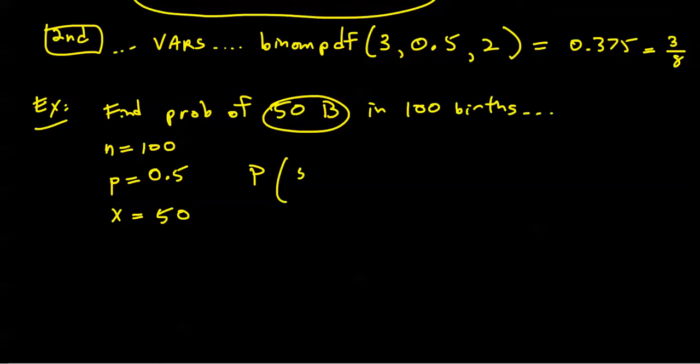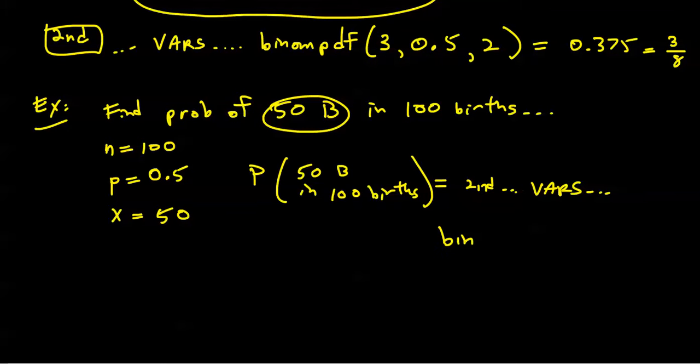The probability of 50 boys in 100 births is, well, I'll go to second, hit the vars button to get to the distribution menu, and call up Binomial PDF. By the way, PDF stands for probability density function, and the binom stands for, of course, binomial.